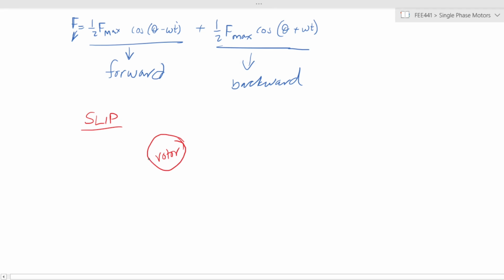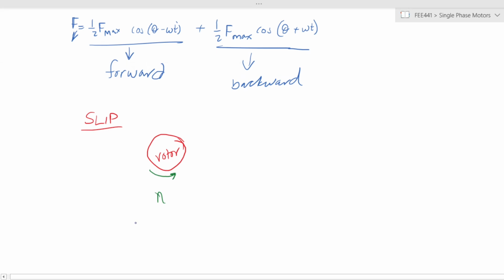So let's say it is rotating in that direction, right? Let's call that the rotor direction, and let's say the speed is given by n, the speed of rotation.